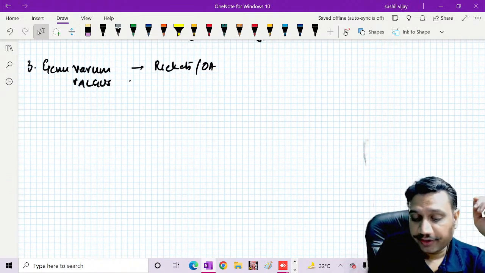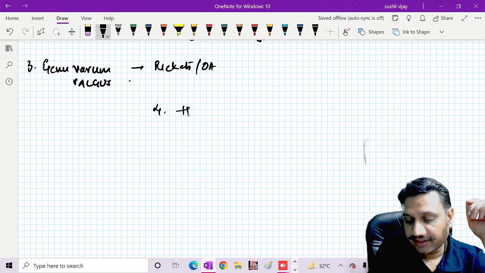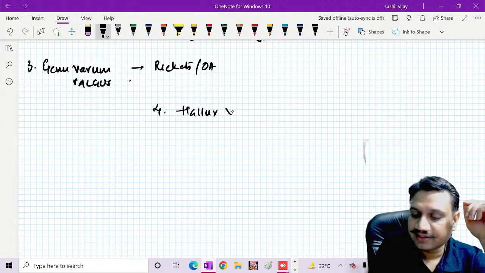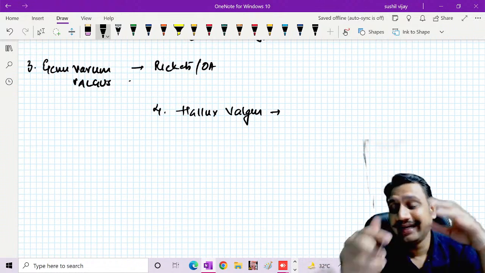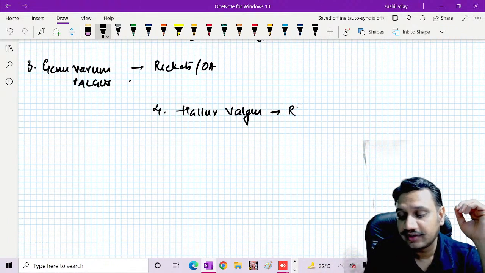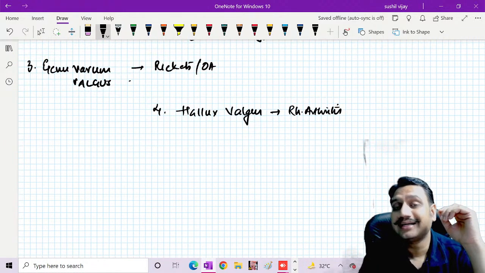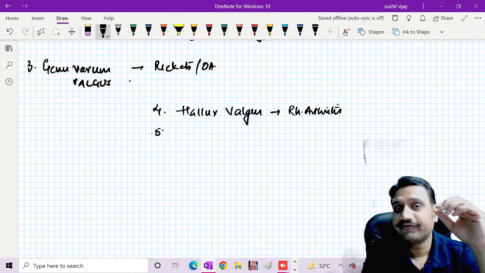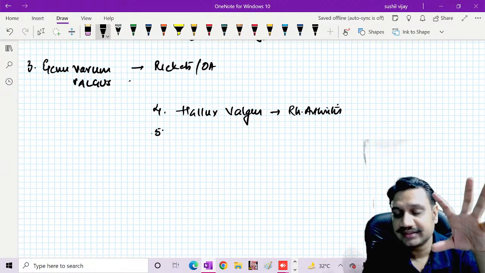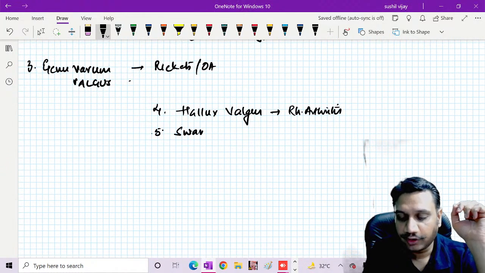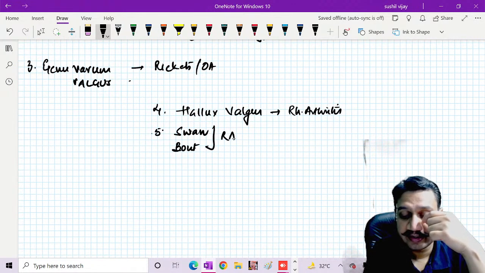Remember that when they ask you about the special deformity hallux valgus, where the great toe is deviating laterally, it is usually seen as a part of rheumatoid arthritis. When they talk about the deformities of the hand, swan neck and boutonniere are again a part of rheumatoid.